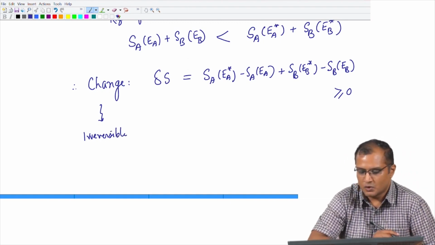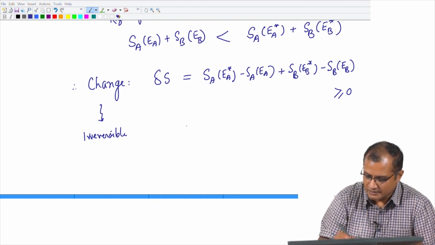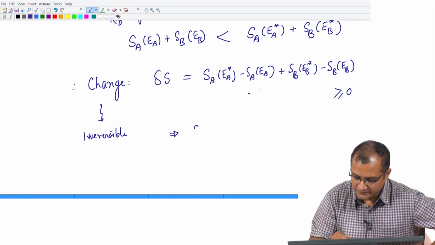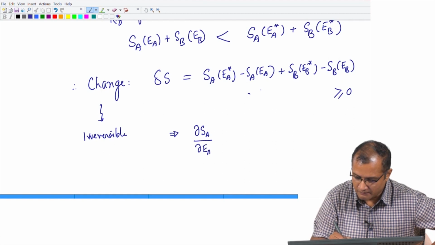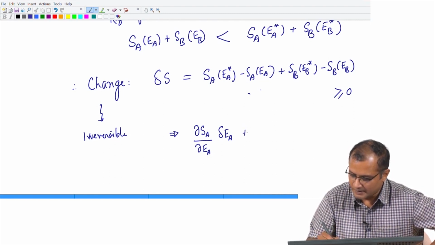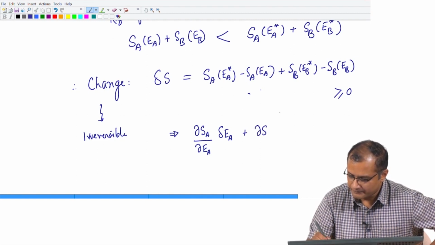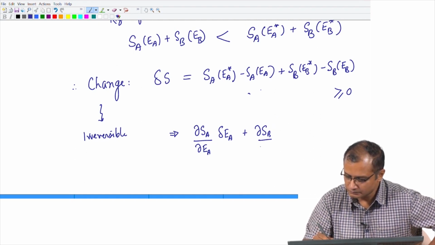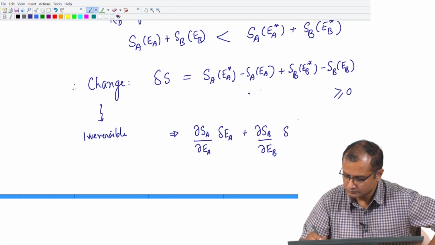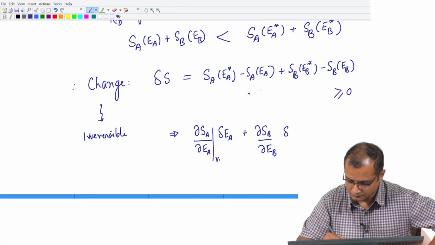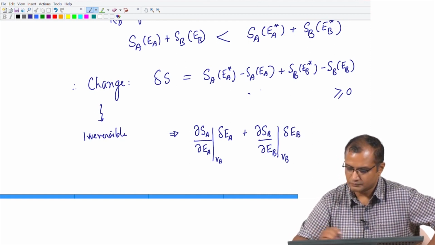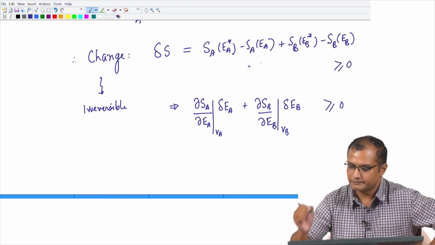Okay. So, if I write down this delta S, the right hand side basically means S A E A star minus S A E A is nothing but delta S A over delta E A into delta E A, okay, plus delta S B over delta E B into delta E B, and this is greater than or equal to 0, fine.